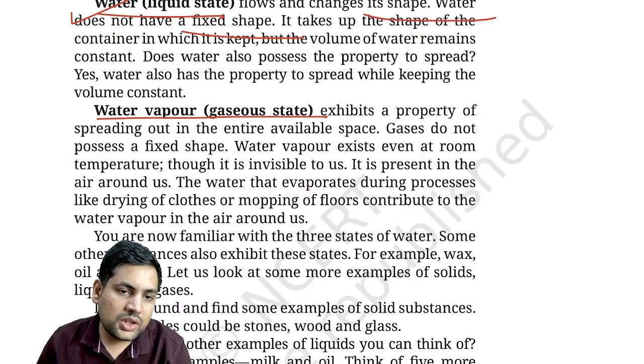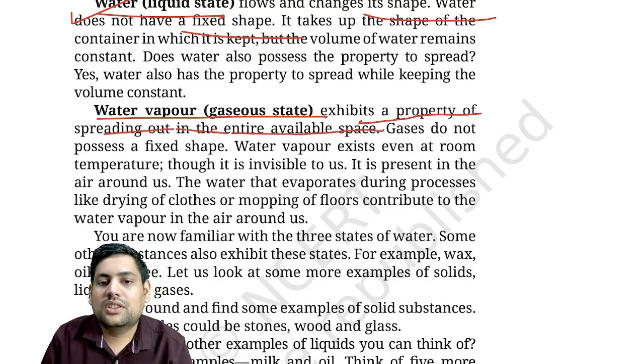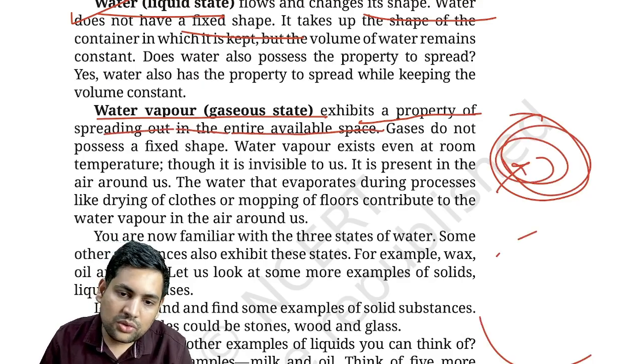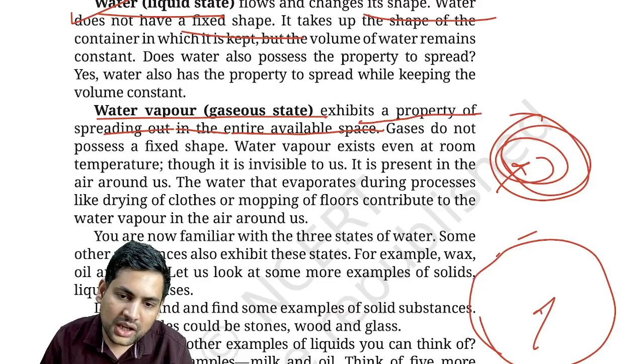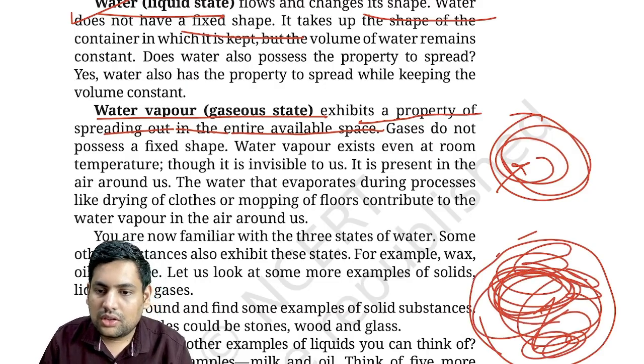Here it exhibits a property of spreading out in the entire available space. So even if you take a small place and release water vapor, it will be contained there. But if you take it in a room and try to spread it, it will spread in the entire room also.